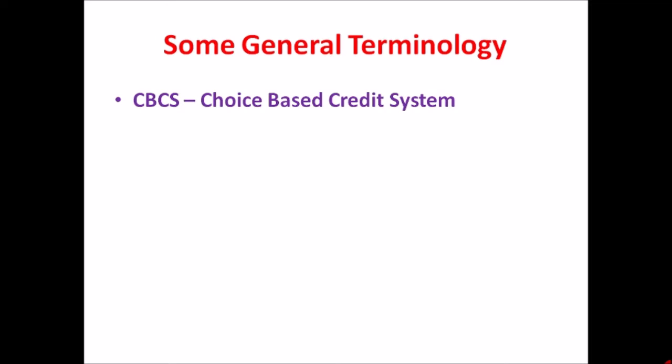Previously, the classes were given on the basis of the percentage of marks obtained by the student in the exam, and now percentage of marks will not be given. You will be given points, starting from 0 to 10, on the basis of your performance, and on that you will be given gradings.